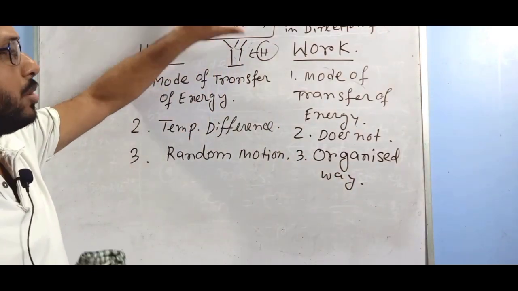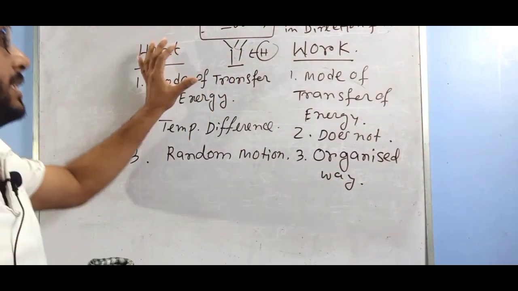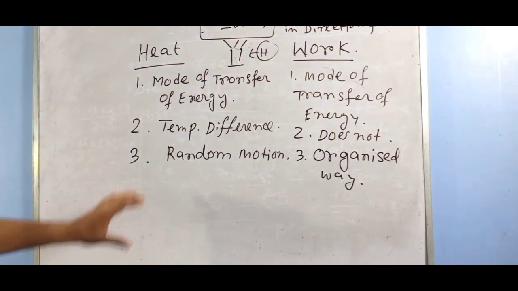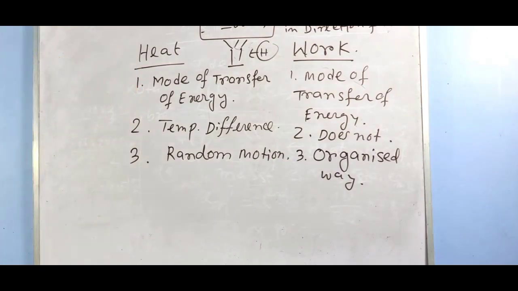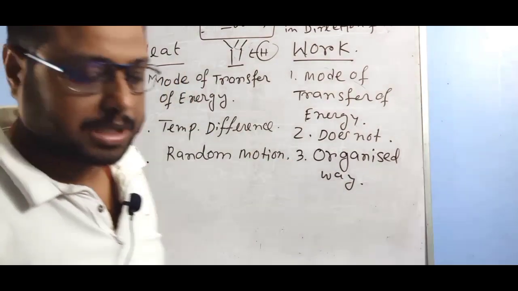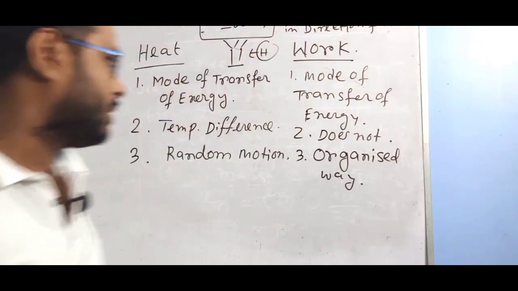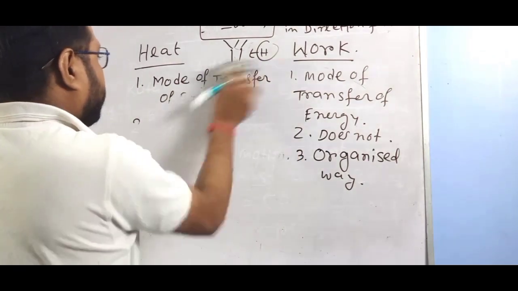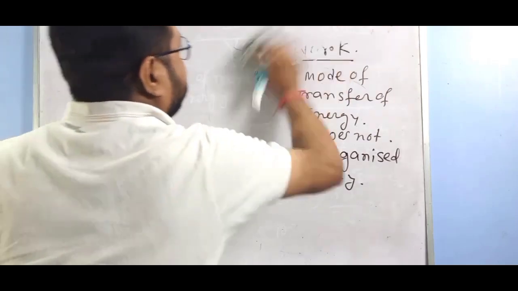So, the molecules do not go in any random direction. So, work is an organized way of transfer of energy, but heat is random motion of energy. This is very important for the first law of thermodynamics. Next, we go with the PV indicator diagram.